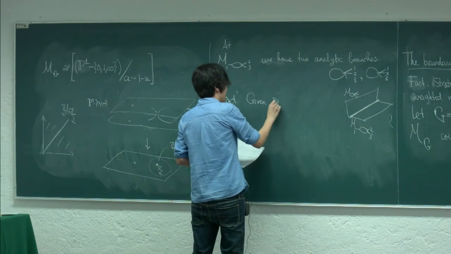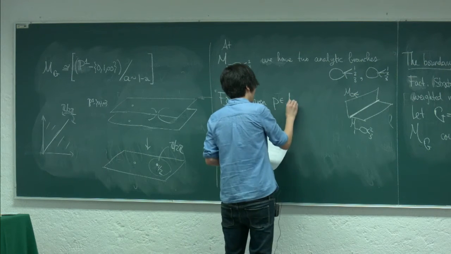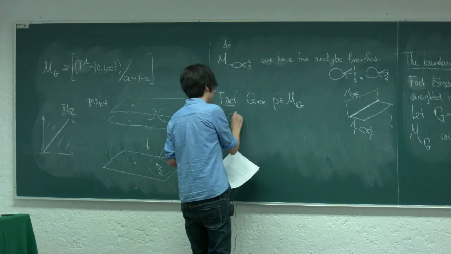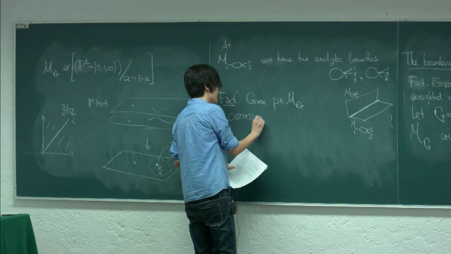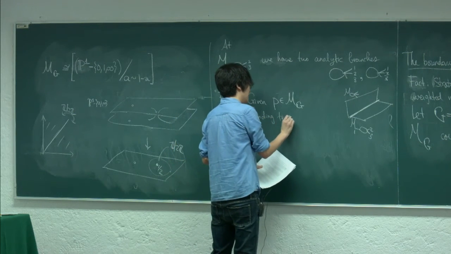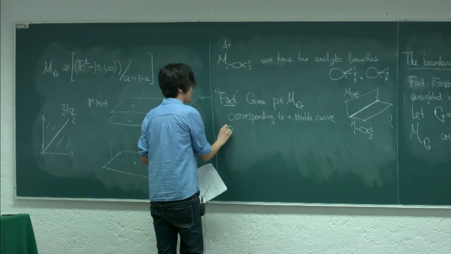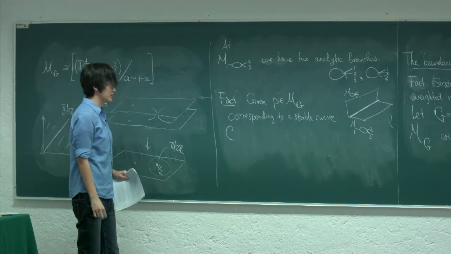Given a point P in MG, corresponding to a stable curve C, with the marked points suppressed in the notation just for the moment.